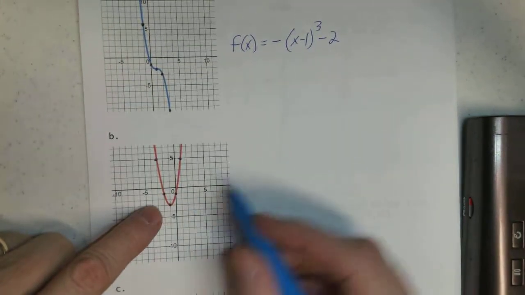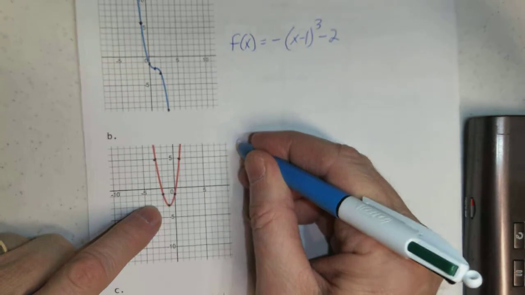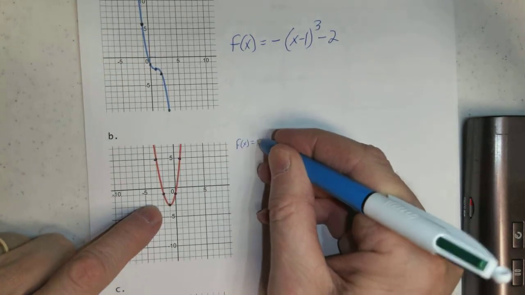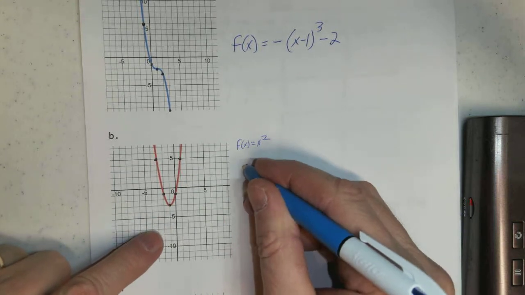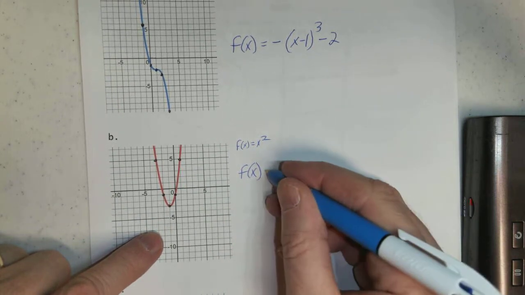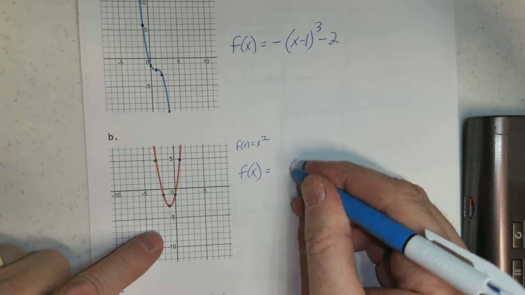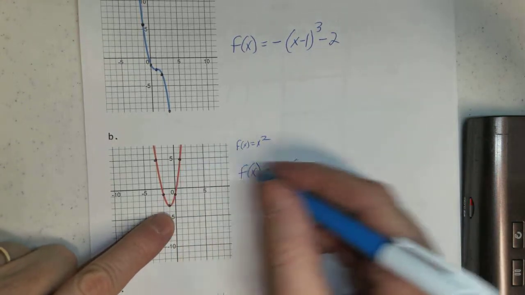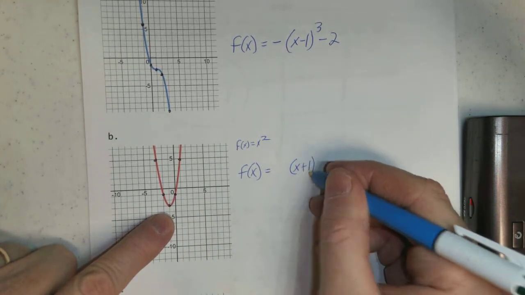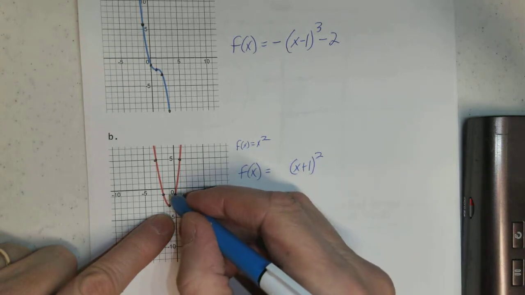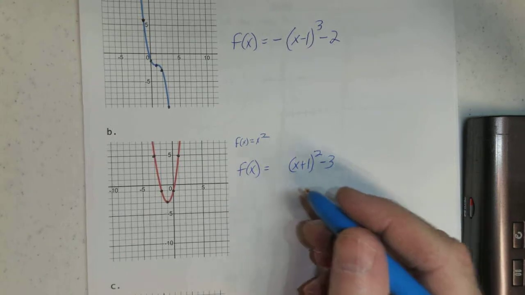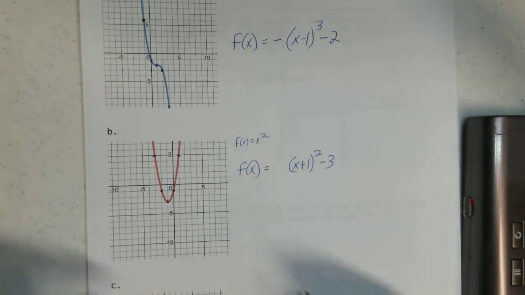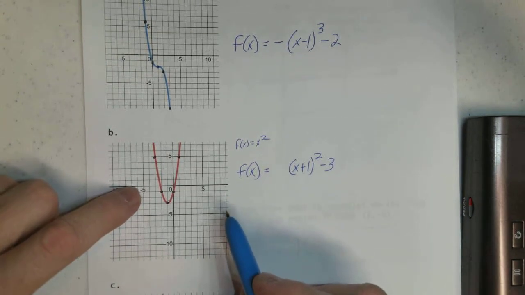This one is a parabola, so the parent function is f of x equals x squared. But we have shifted it one unit to the left, so let's go x plus 1 squared, and 1, 2, 3 units down, minus 3. It's not being flipped, so I'll leave that there.